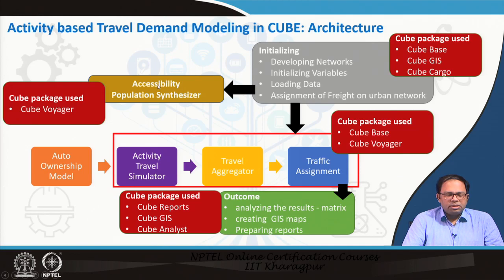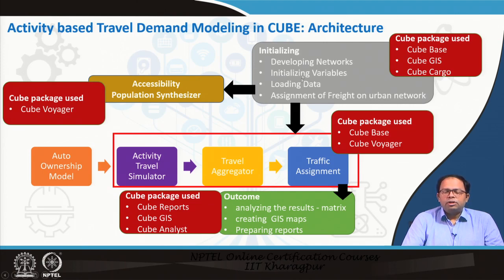First, the job is to determine the total accessibility for a particular household. We have discussed accessibility earlier, where we measured different forms of accessibility. It was done zone-wise, but it could also be done individual-wise. Then we have a population synthesizer, because for microsimulation we need to first synthesize the population, and this could be done using the Cube Voyager package.